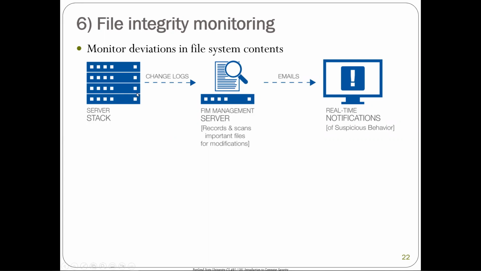You basically are examining the server for the contents of all the files that are on them. And then anything that gets changed, you have some management server trying to figure out whether or not those changes are legitimate. And if you see that a critical command that shouldn't be changed has been changed, then you would basically issue a real-time notification.